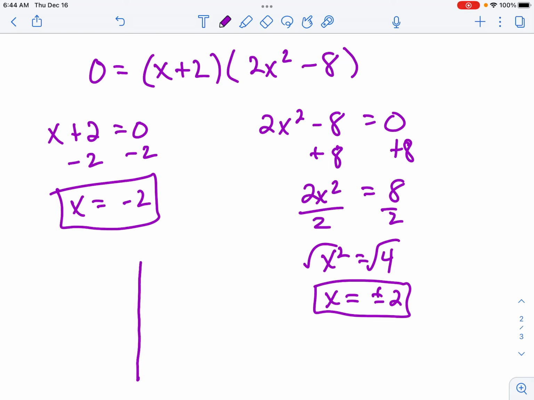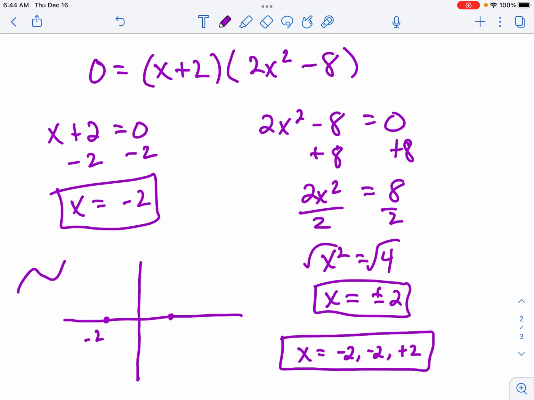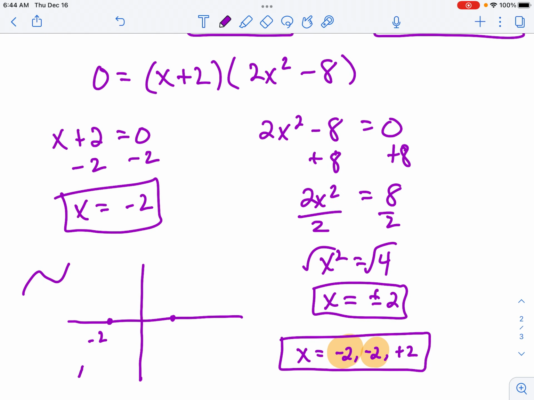So what this means on the graph, I know it's going to look like this because x to the third kind of looks like an n. It crosses at negative 2 and at positive 2, but whenever you have the same root twice, sometimes we call it 2 times, it's going to go up to negative 2 and it's going to bounce right off it.